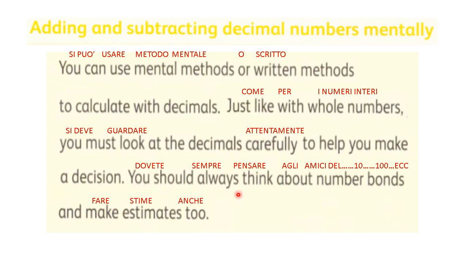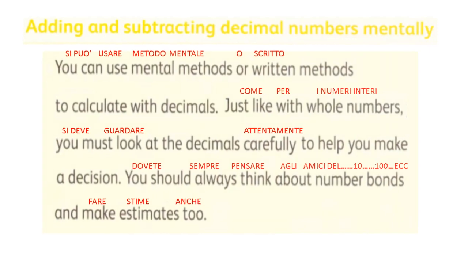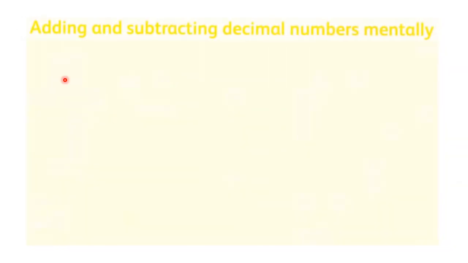You should always think about the number bonds and make estimates too. Let's take a look at some examples from your learner's book.